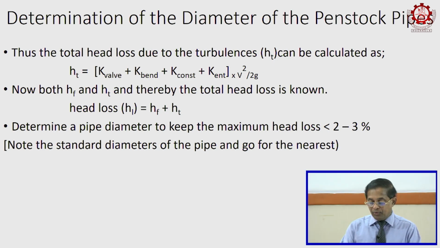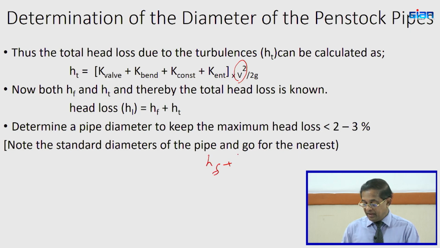Then you can calculate your total loss coefficient, and multiply by average water speed squared divided by 2g; that will be the total head loss due to turbulence. Now, you calculate the total head loss. So, total head loss is Hf plus Ht.